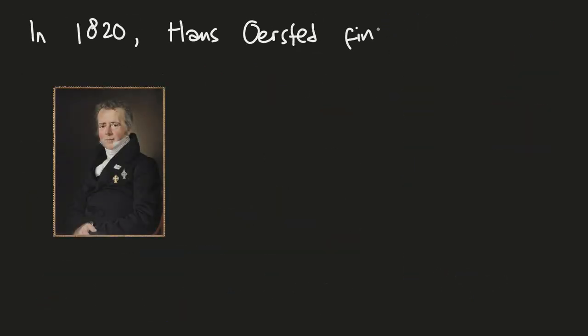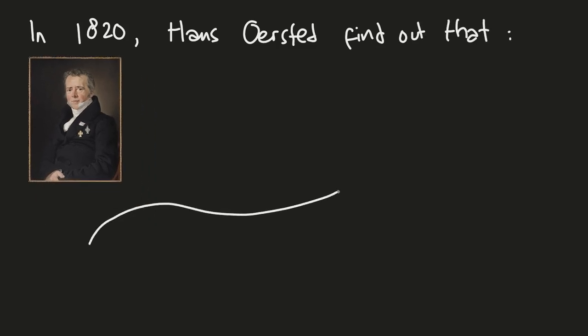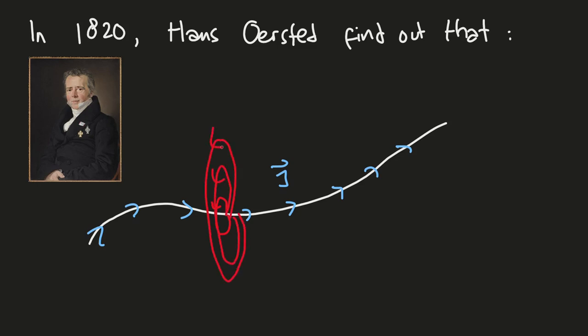In 1820, Hans Ørsted found out that if we have a wire with electric current density J capital, it will generate some kind of field that acts like a force, let's say with the pattern B in later formulations.